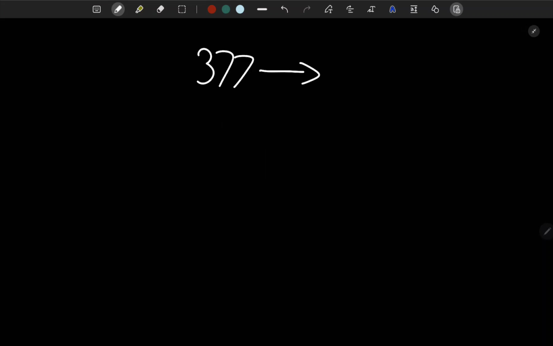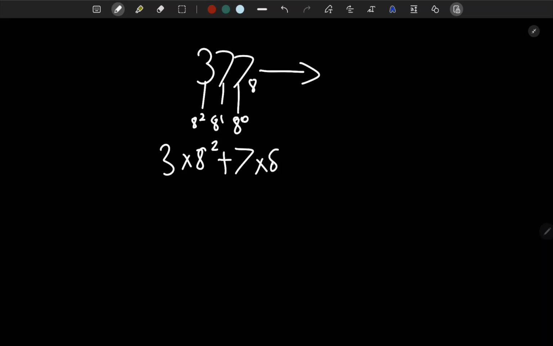Here we have 377 as an octal number, and we need to convert it to decimal. Same steps again: 8 to the power of 0, 8 to the power of 1, and 8 to the power of 2. Now you do 3 times 8 to the power of 2, plus 7 times 8 to the power of 1, which is just 8, plus 7.